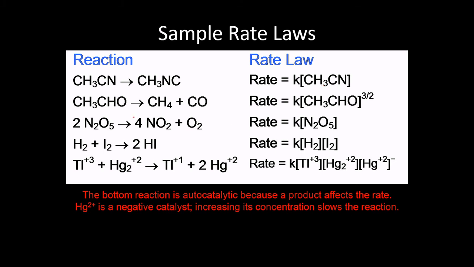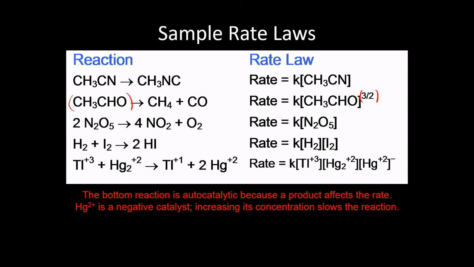For the next one, you really don't. If we look here at the rate law, the exponent is actually a fraction. It's 1.5. Where that comes from, we'll talk about a little bit later, at the very end of this chapter.